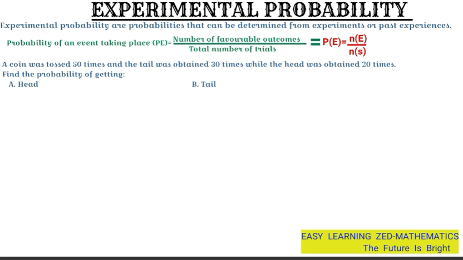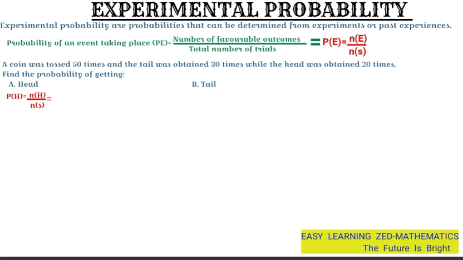So let's start with A. They're asking us to find the probability of having the head on top. So we're going to write the probability of the head, which is PH, is equal to the number of the head divided by the total number of trials.